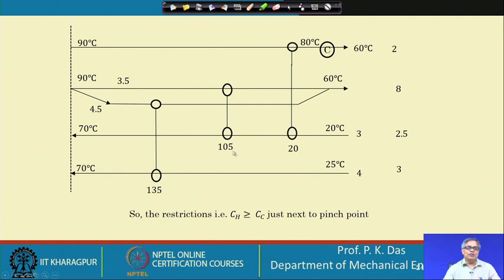Now, we have to think of cold stream number 3. It requires 2 heat exchangers just like this as I have shown, but with all these, the second hot stream, actually this is 1, this is 2, can be totally cooled to 60 degree Celsius, but the first hot stream cannot be cooled to 60 degree Celsius.